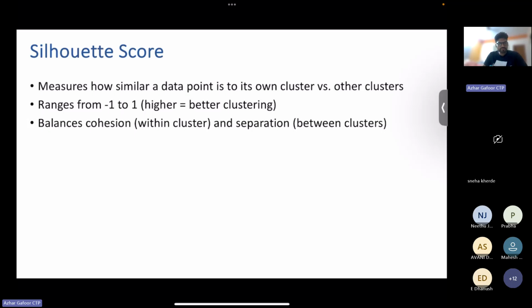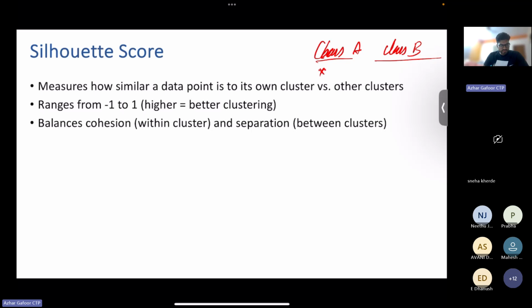The Silhouette score is a score which measures how similar a data point is to its own cluster versus other clusters. So let's say we have two clusters, class A and class B, and there is a point in class A. Then the Silhouette score calculates how good this point is to be in class A compared to class B. It can range from -1 to 1.